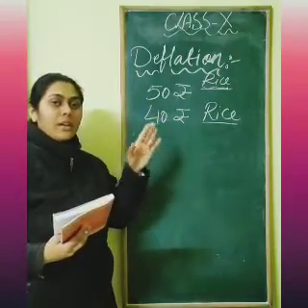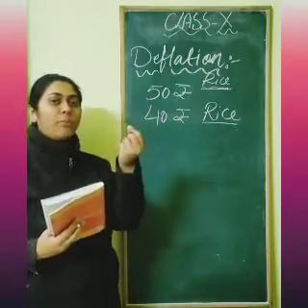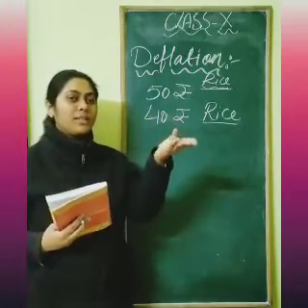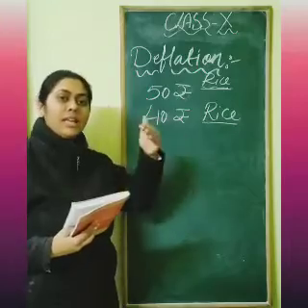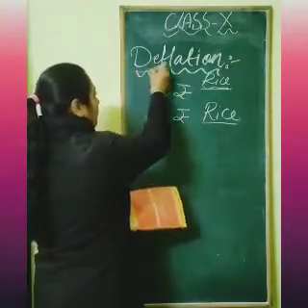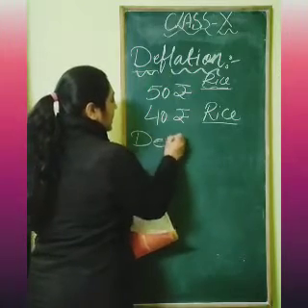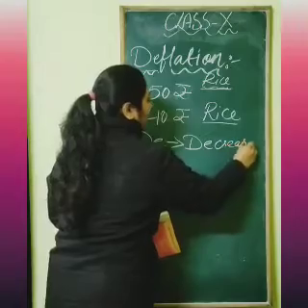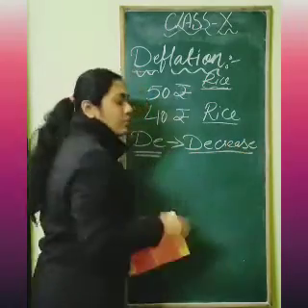So when the price of a product decreases from its original price, that is deflation. D means to decrease.